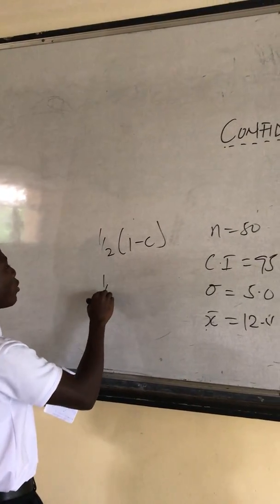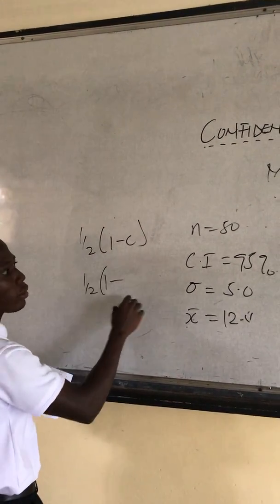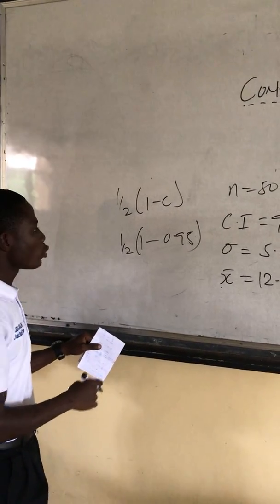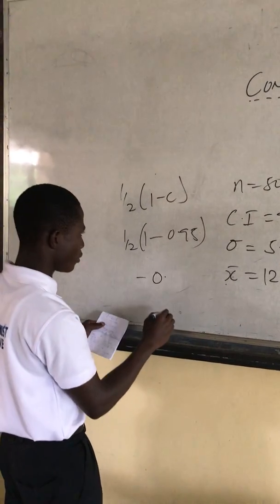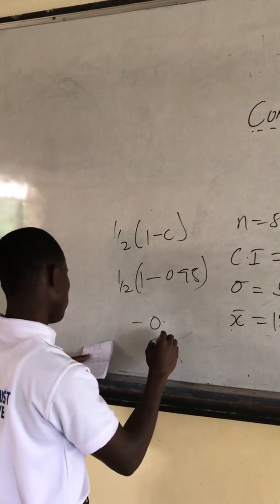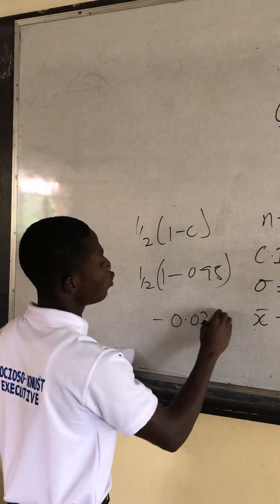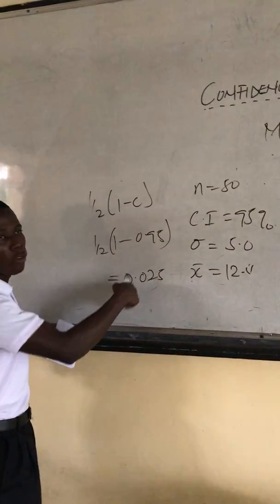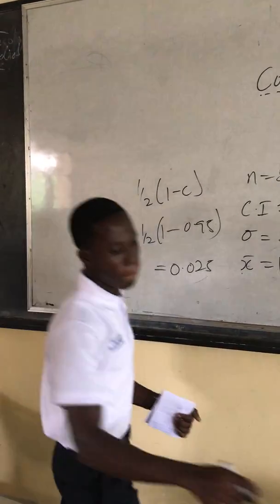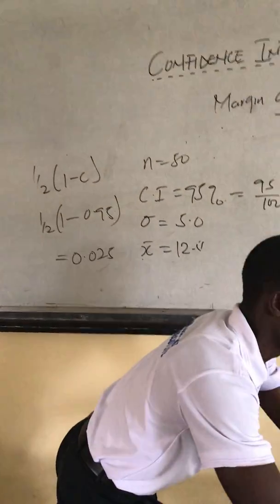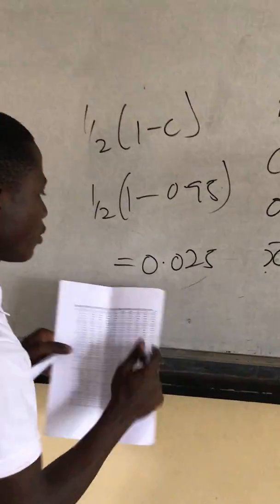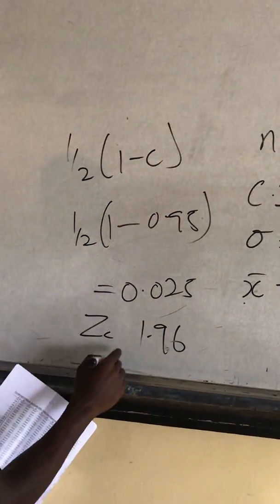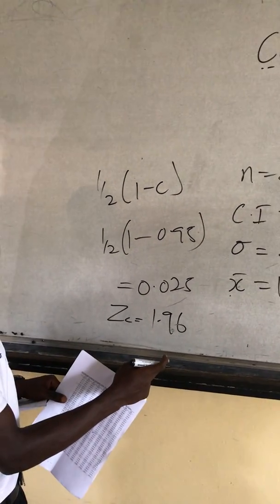So 1 minus 0.95, we get 0.025. It's the same thing. So this 0.025 on the table is 1.96. So your Z of C is 1.96.